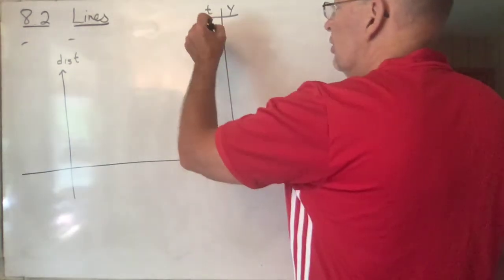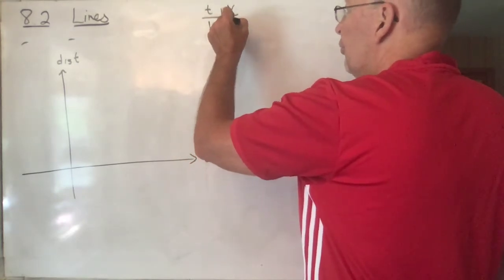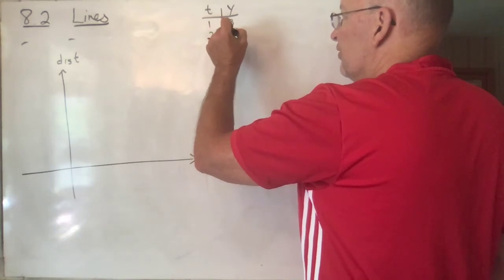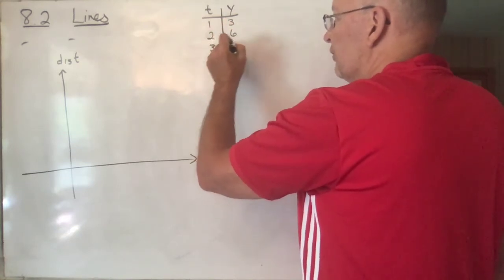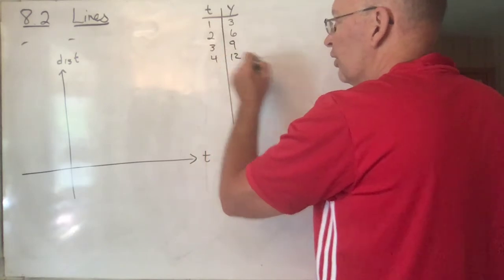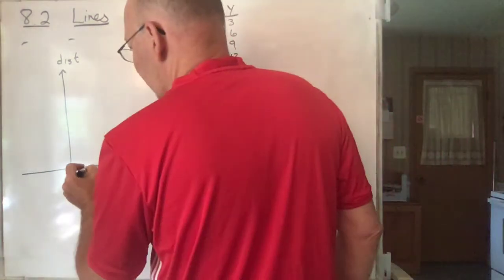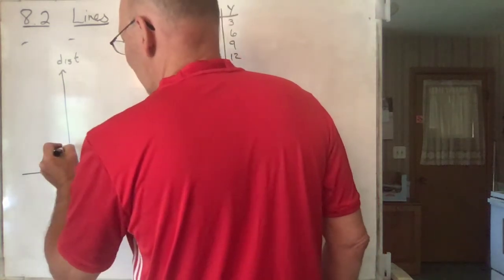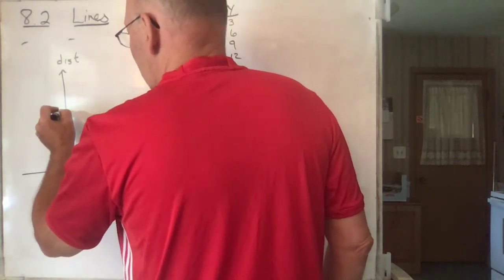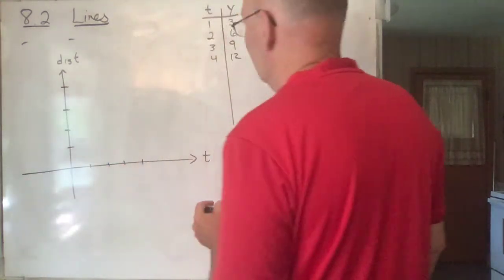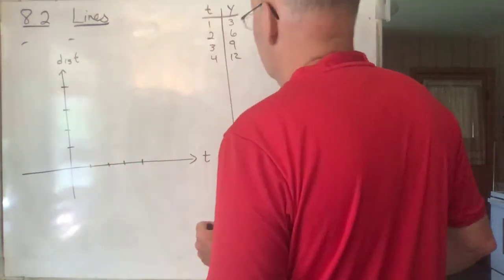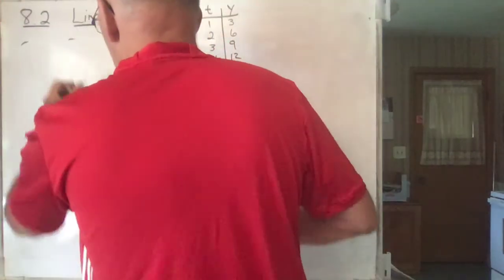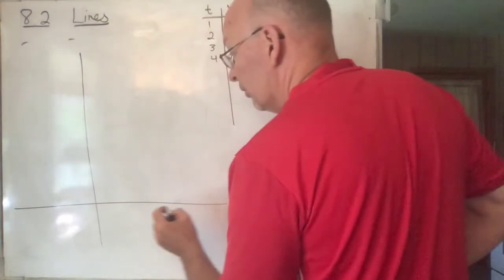And say after 1 hour you had gone 3 miles, and after 2 hours you were just going at a constant rate, you had gone 6, and after 3 you'd gone 9, after 4 you'd gone 12. Well, what's that going to look like? 1, 2, 3, 4. Let's make the scale the same, just to help you see what's going on.